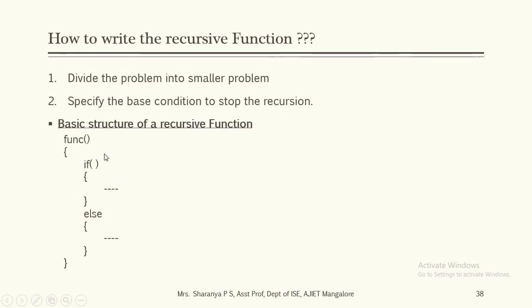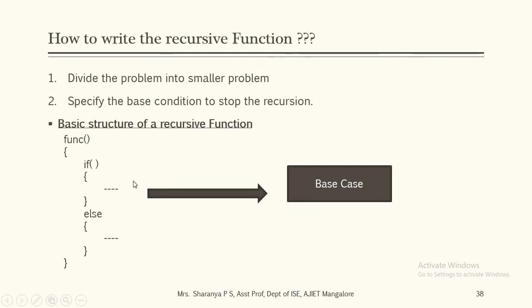In the else part, we divide the problem into a smaller problem, or this function will be called once again. This is the normal template followed to define any recursive function.